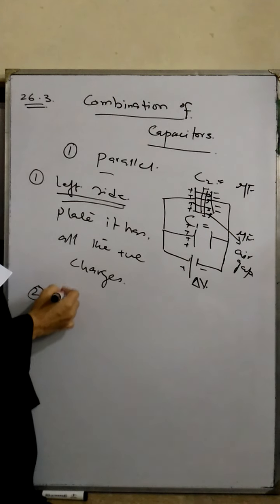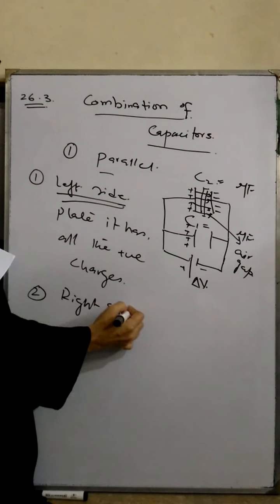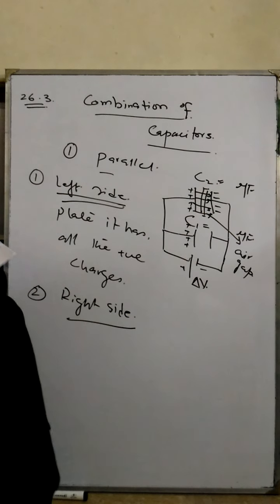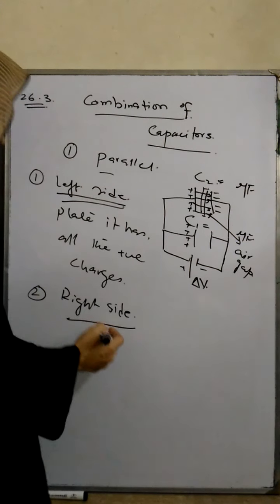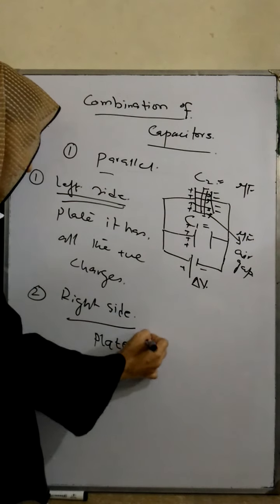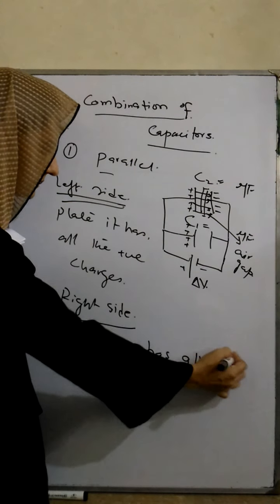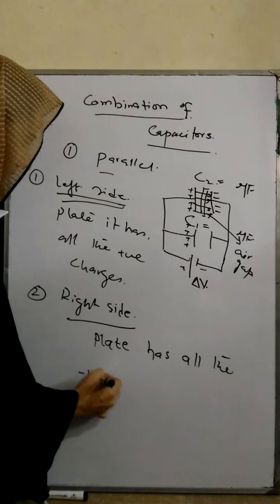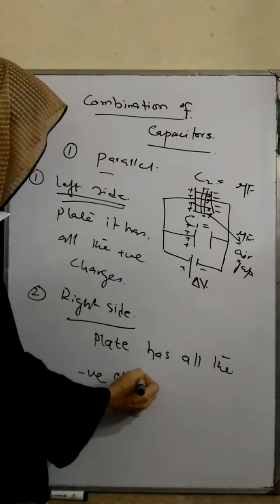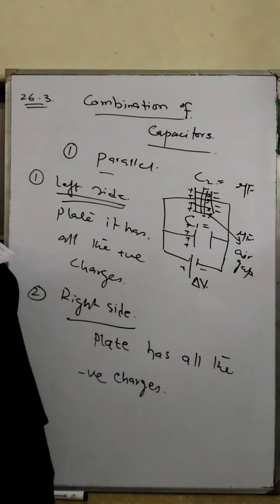Second, the right side plate has all the negative charges, because it is connected with the negative terminal of the battery.